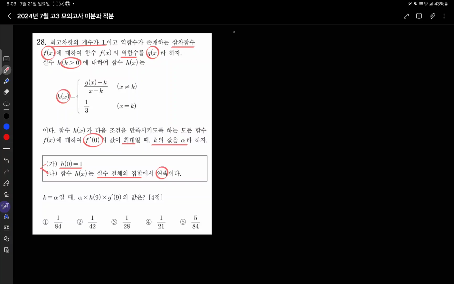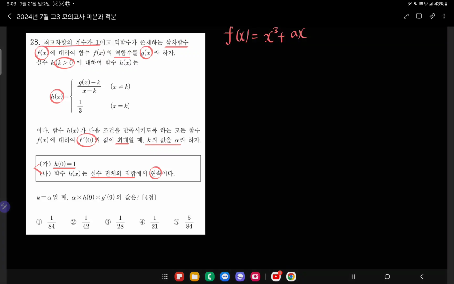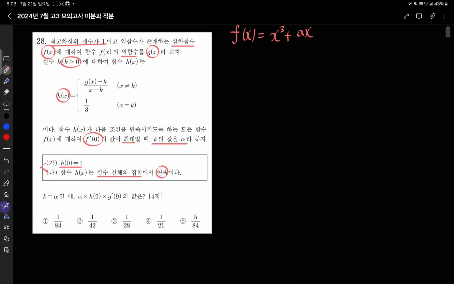So we can start with f of x equals x cubed plus ax squared plus bx plus c.